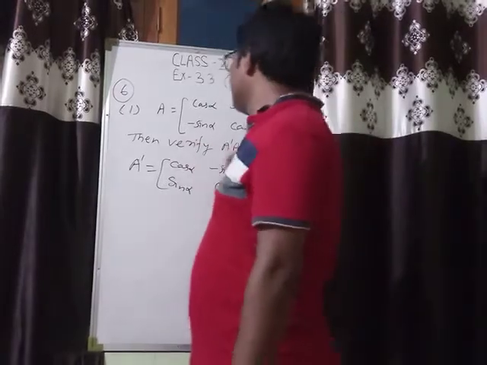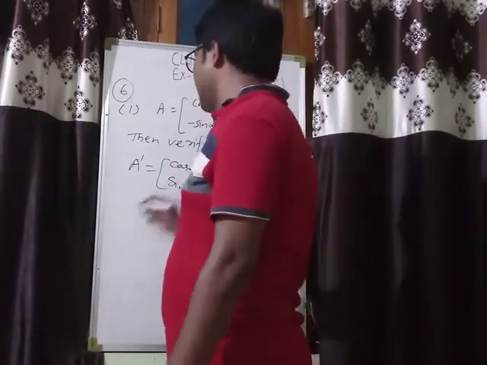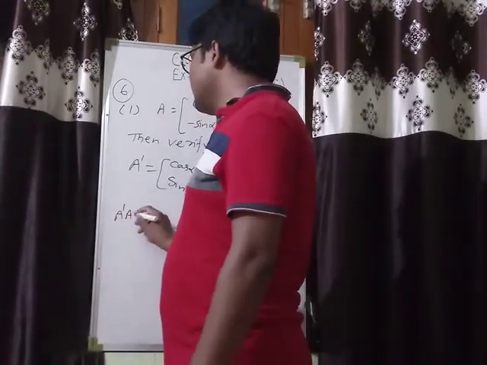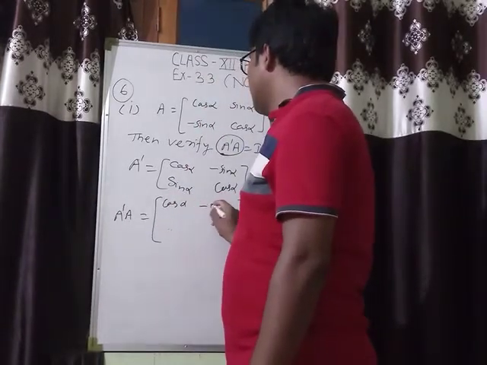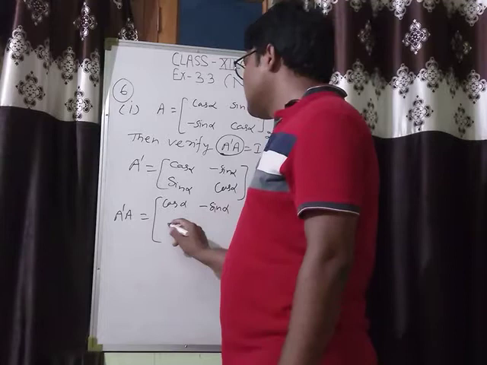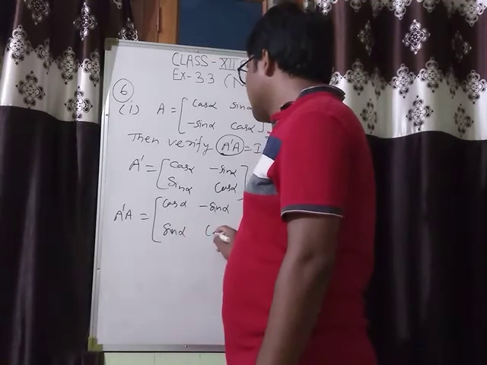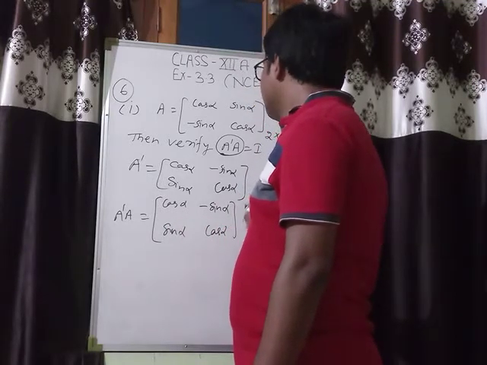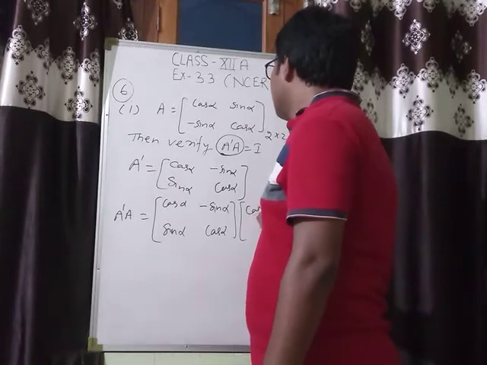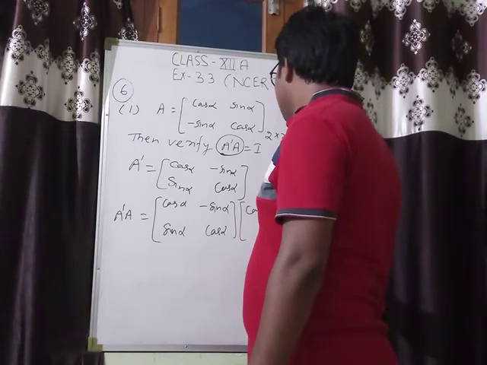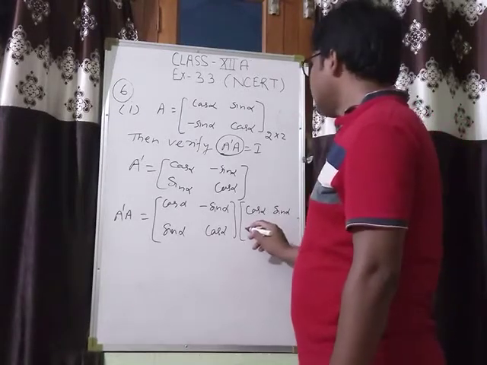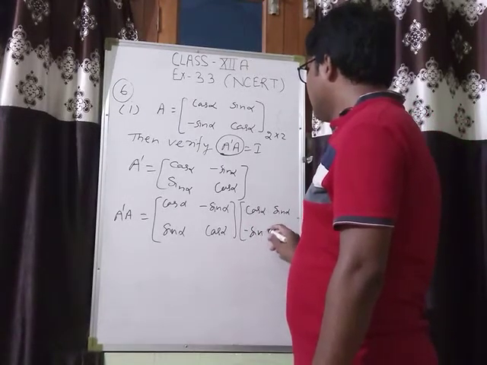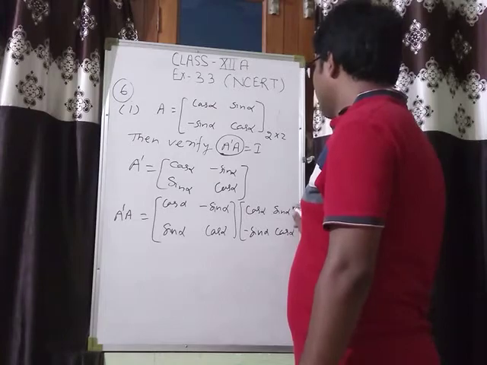Okay, now find out A transpose into A. So A transpose is cos alpha, minus sin alpha, sin alpha, cos alpha, and A is cos alpha, sin alpha, minus sin alpha, cos alpha.